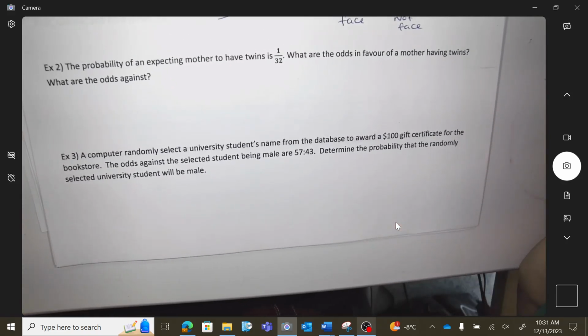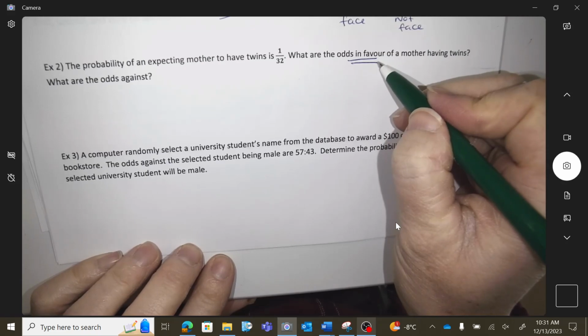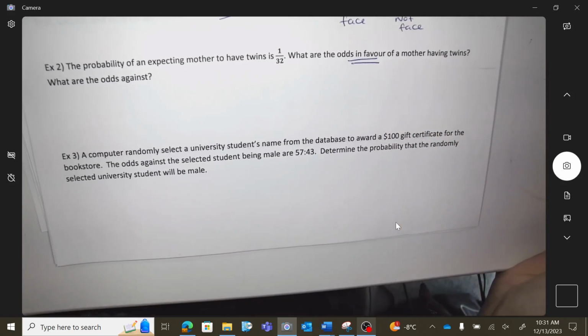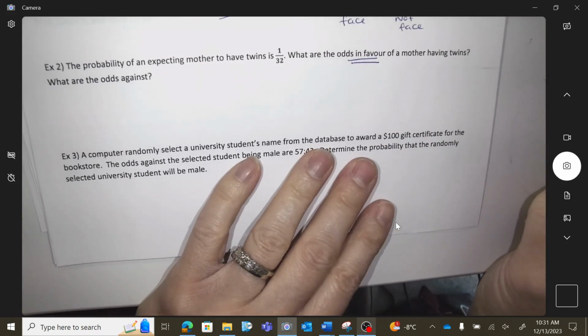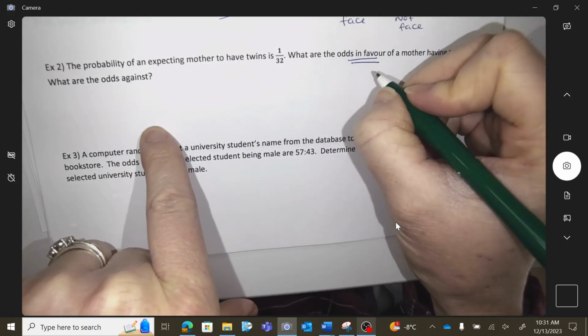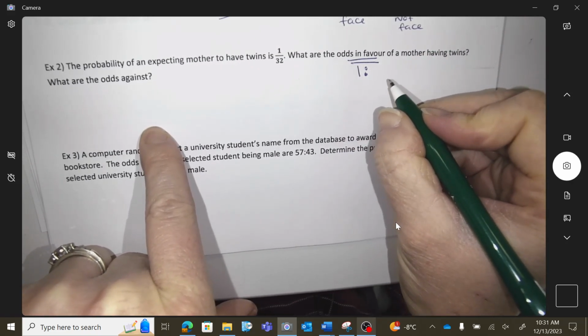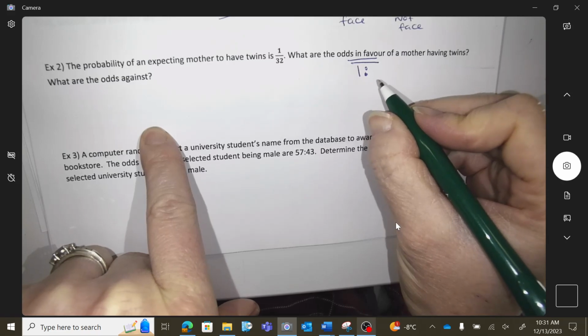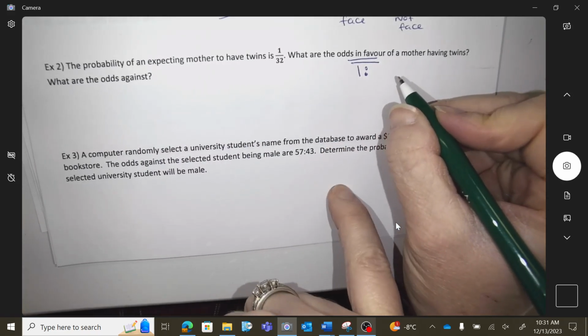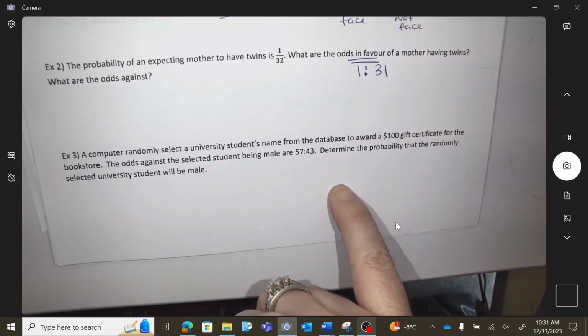Okay, the probability of a mother having twins is a 1 out of 32 chance. What are the odds in favor of a mother having twins? So how many options are there to have twins? 1. How many times would she not be having twins? 31.